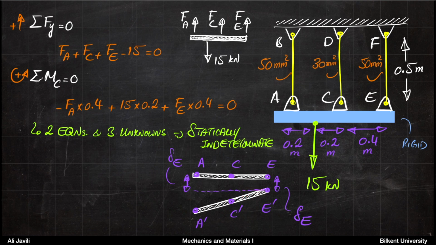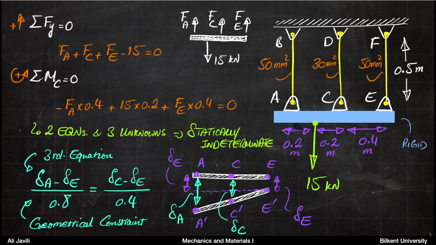Or in other words, if you calculate the distance here, call it h divided by w here, it is the same as h divided by w here. More specifically, if we call this distance delta C and this one delta A, then delta A minus delta E would be this height, the difference here.